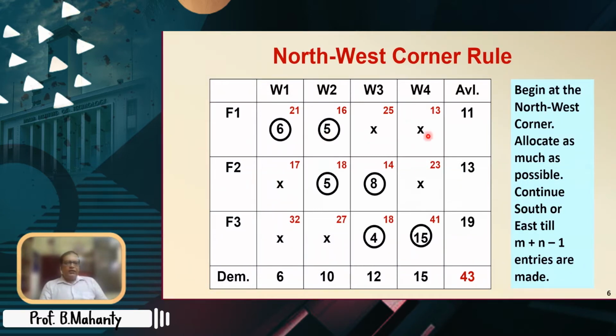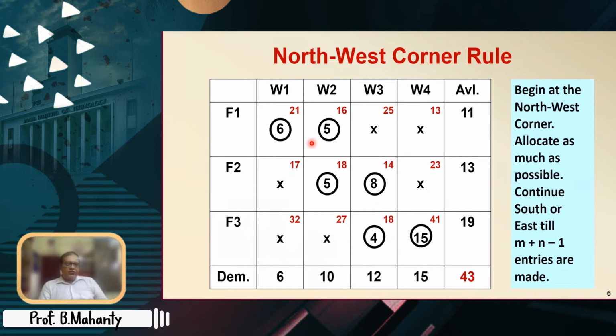Now a quick look at the cell values will show that we are making so much entry, that is 15, in a cell whose unit cost is 41. There are cells like 13, then 23, 27, 17, 32, whose unit cost values are much lower. That means it is always going to be profitable if we make some entry in those squares.